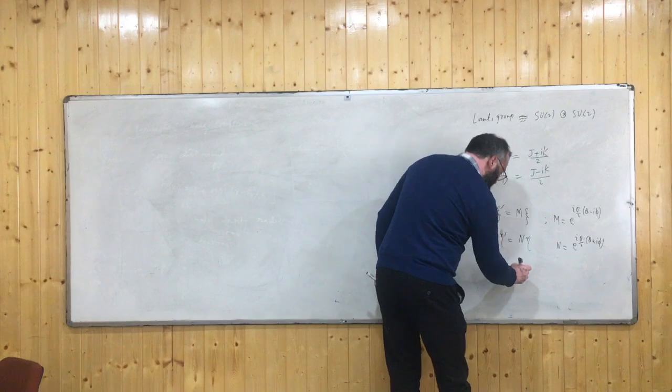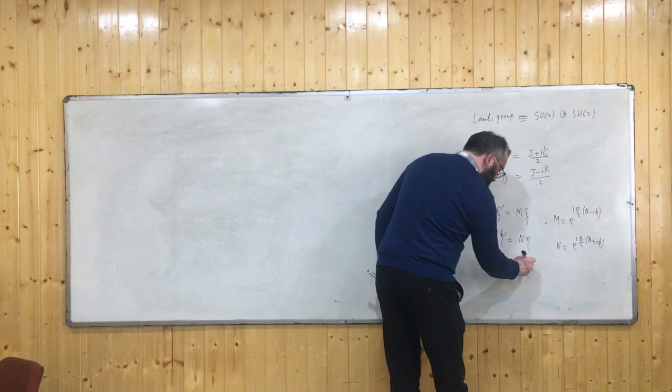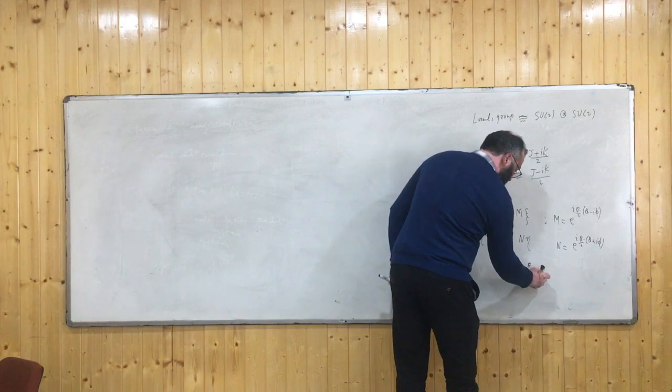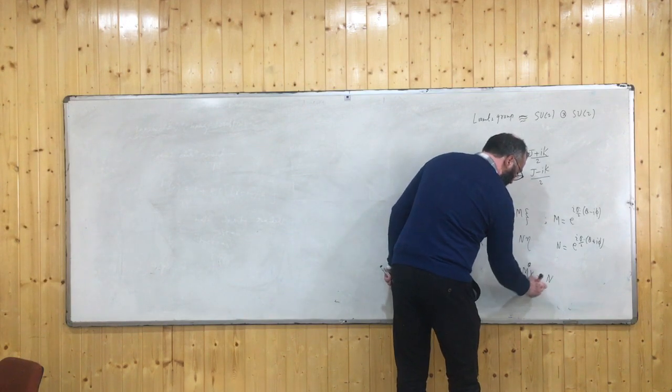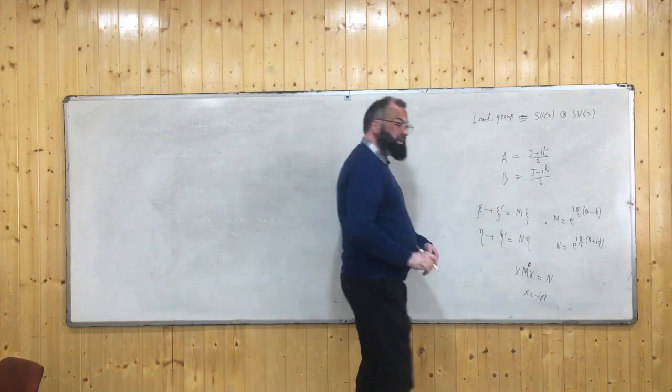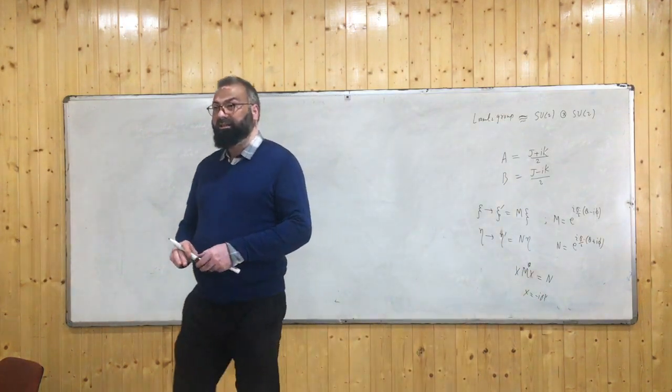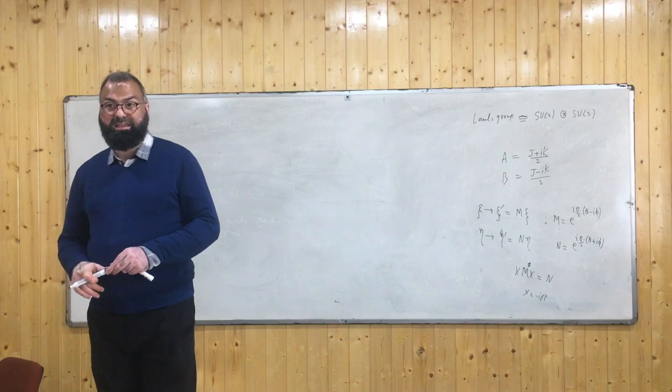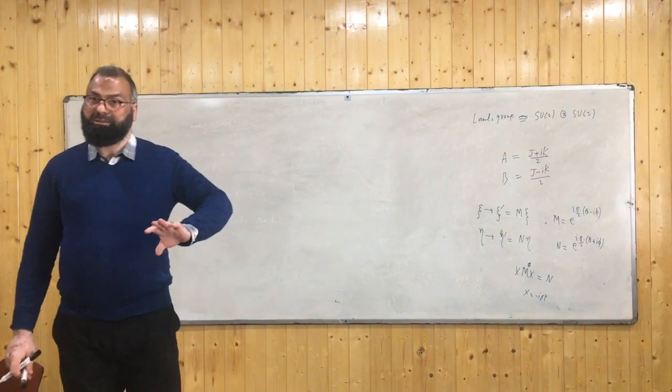And we have shown that this M star, with this X operator on this side, is equal to N, while this X is equal to minus i sigma 1. So they are related by the time reversal operation. Clear? So this is what we have done in the previous lecture.